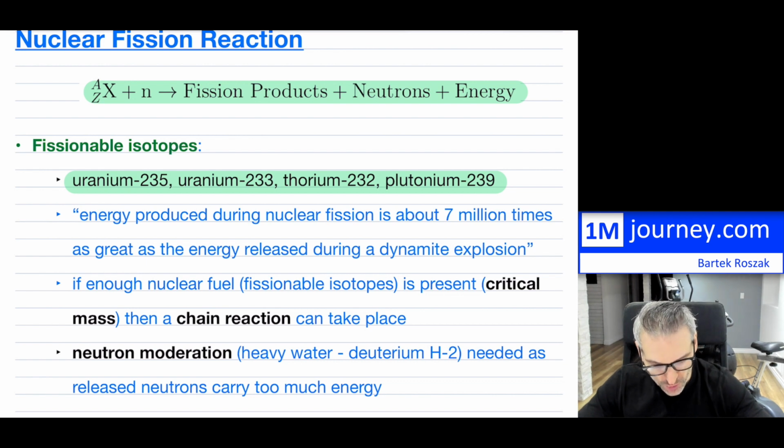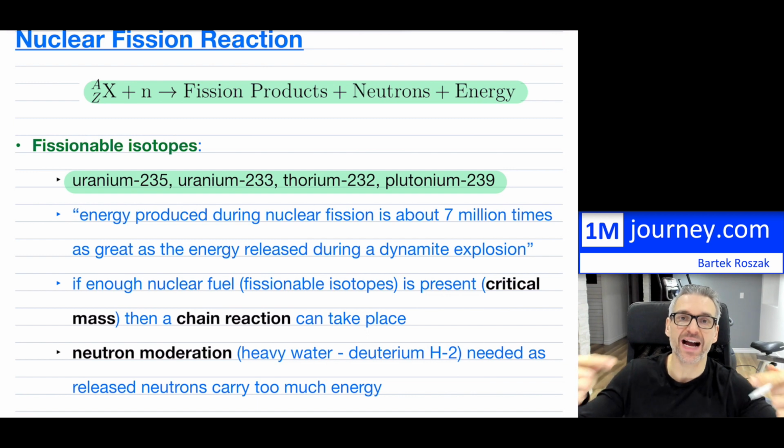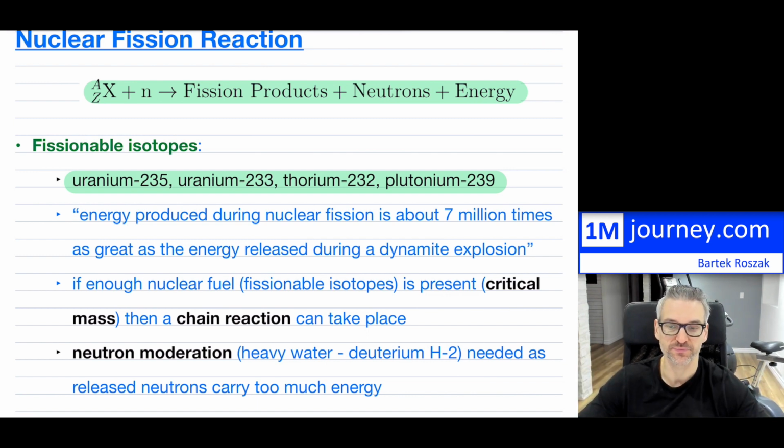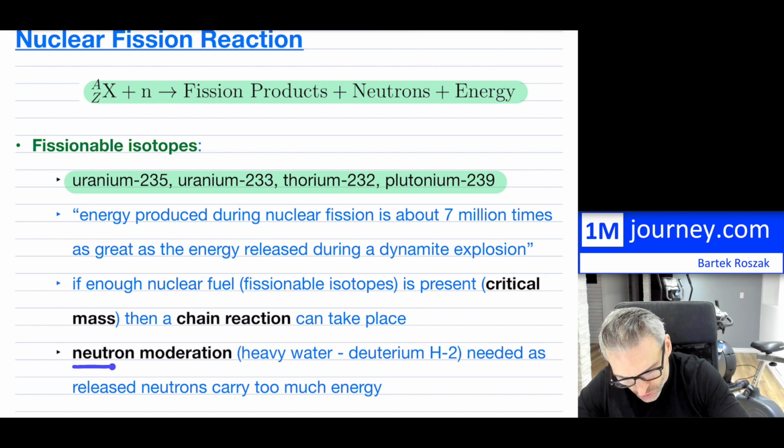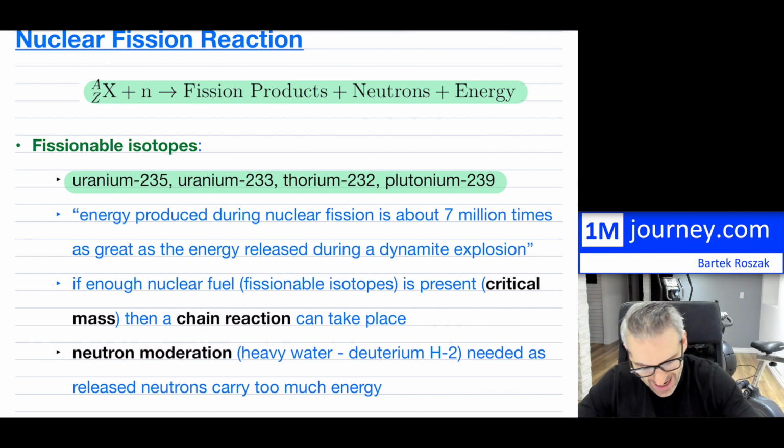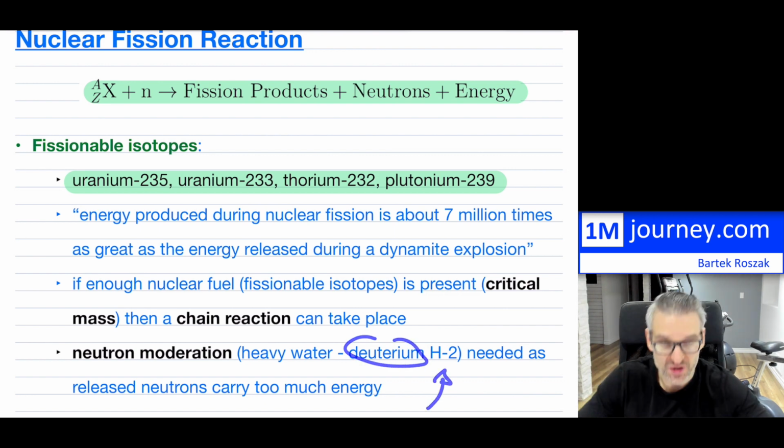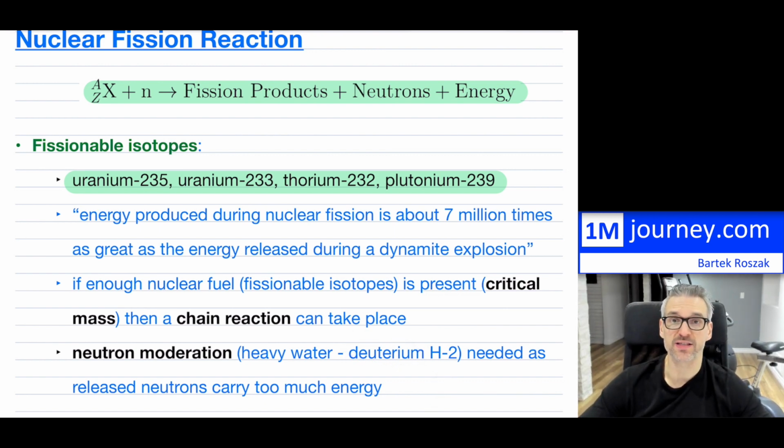To bring their energy down so they can continue, in nuclear reactors we have this neutron moderation process. So we want to moderate the amount of energy they have, and typically we utilize heavy water with deuterium, which, if you recall, is just hydrogen, except it's isotope 2, so it has a proton and a neutron. So it's much heavier than regular water.